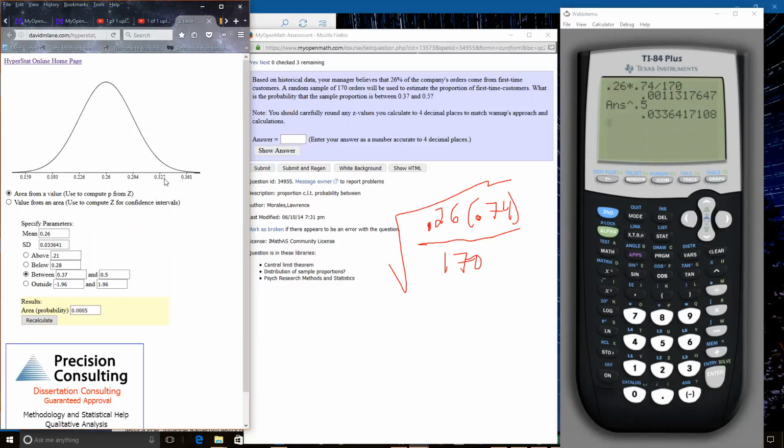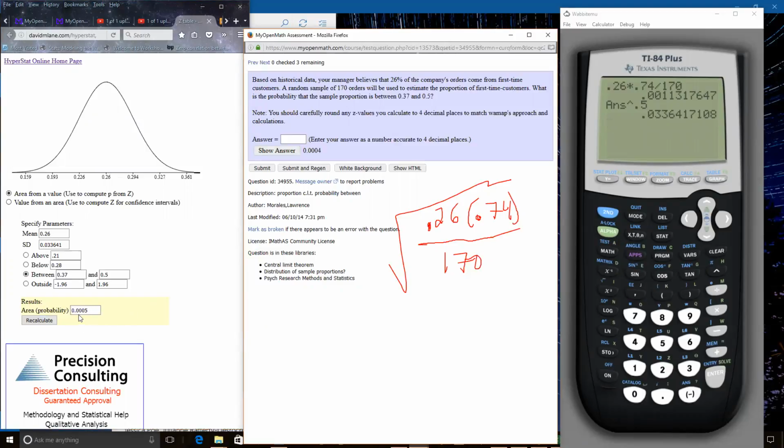Since 0.37 is not even at the plus 3 standard deviation mark, I know that's going to be practically 0, since that's my lower bound. So I guess they're looking for 4 decimal places. So this says 0.005. Let's see what they're saying the answer is. They're saying 0.004. I don't know.